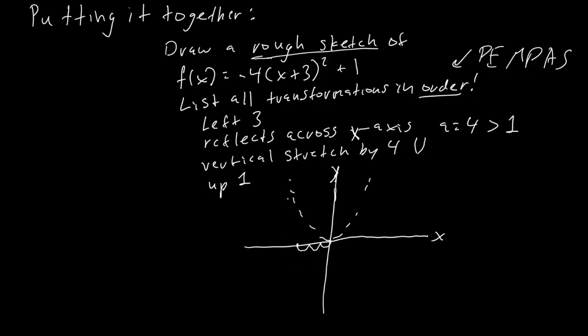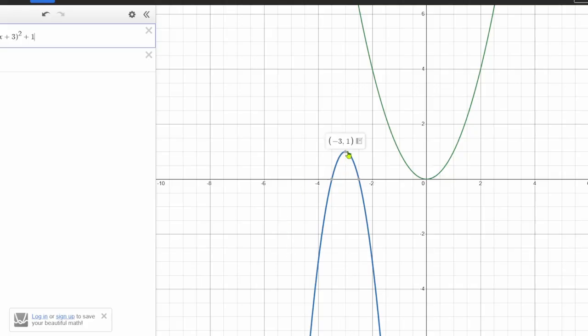And then there's a vertical stretch by 4, so it gets skinnier, right? From this function, and then up 1, so up here. So the final function should look something like this, and we can confirm that in Desmos. You can see here it's above the x-axis, it points down, and it is in fact slimmer than x squared. We have x squared in the green, and then our actual function in the blue.